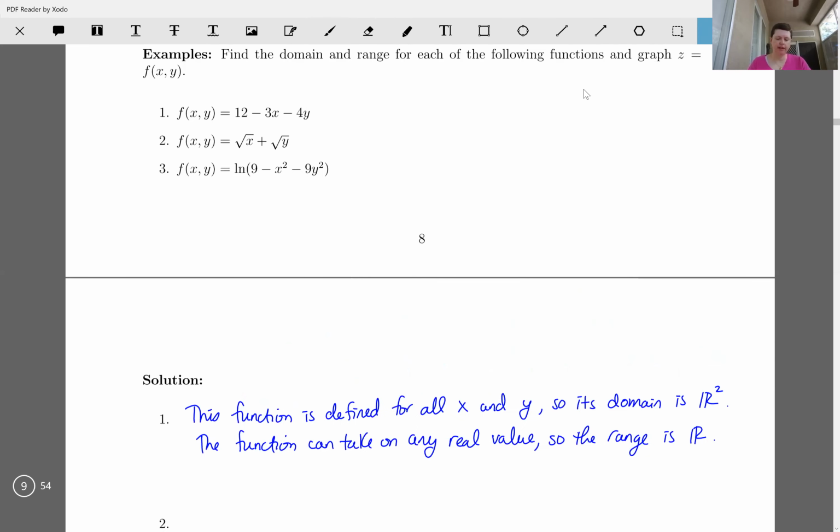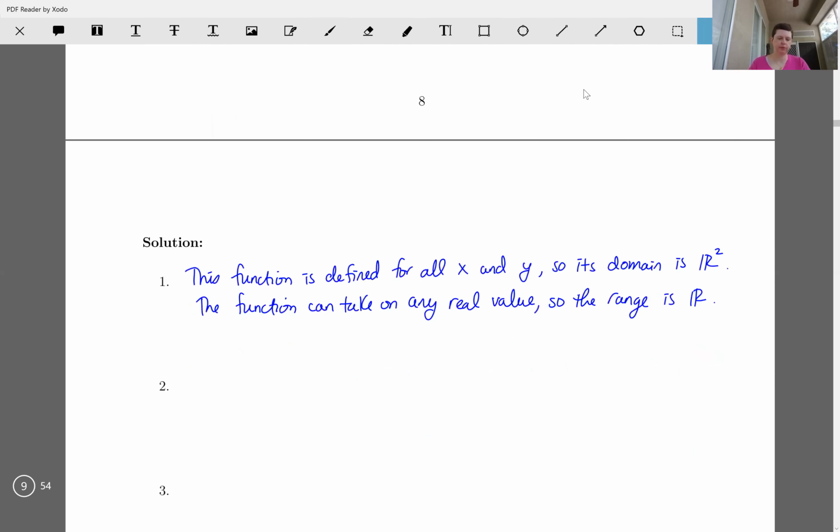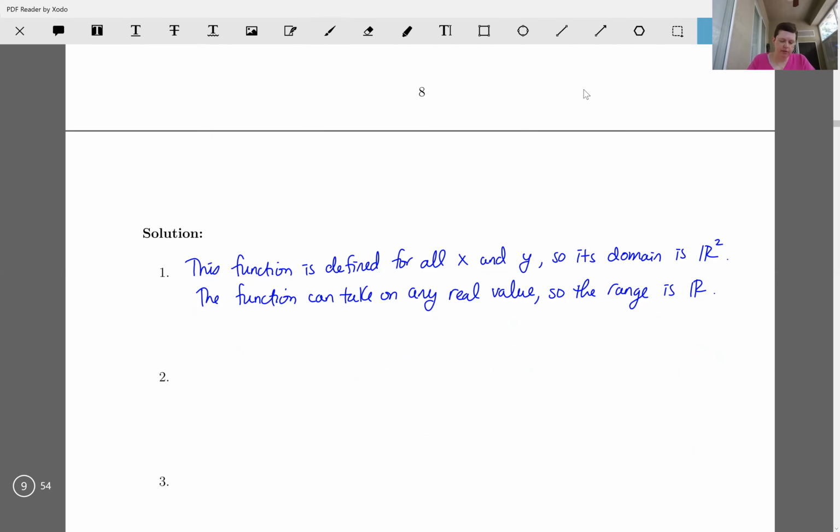Okay, for the second function, we have square root of x plus square root of y. So in this case, the function is only defined if x is greater than or equal to 0 and y is greater than or equal to 0. So in other words, we have the first quadrant in the xy plane.